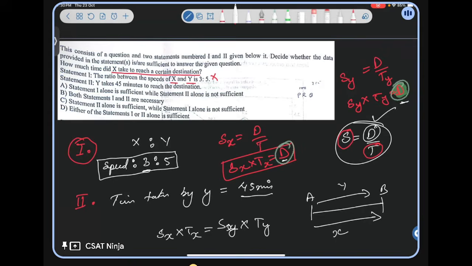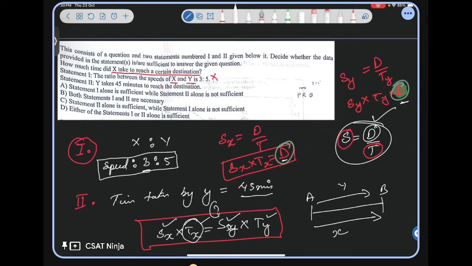So if the distance is the same, the left-hand side and right-hand side will be the same. And what do we know? Just look at this equation. We know the ty value, we know the Sy value, we know the Sx value. Can I find tx directly? The question asks how much time X takes to reach the destination, so we just need to find this value.